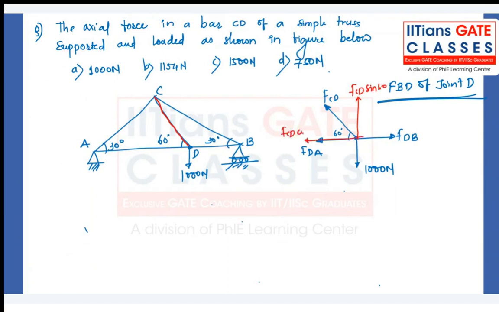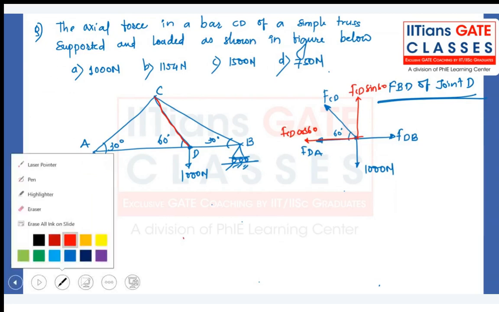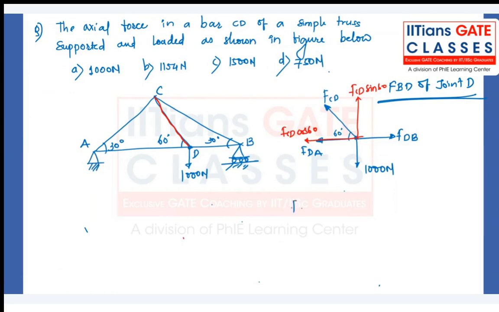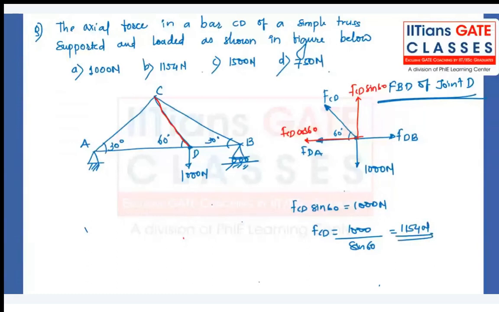So you can say that FCD sine of 60 is equal to 1000 Newton. So FCD will be equal to 1000 divided by sine of 60, and that is equal to 1154 Newton. So 1154 is the correct answer in this case.